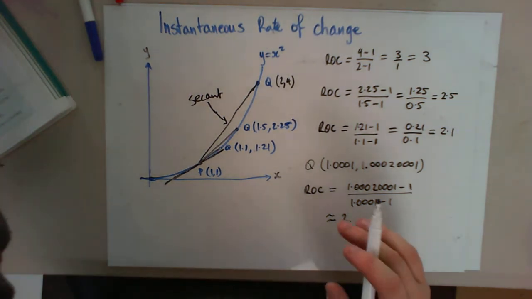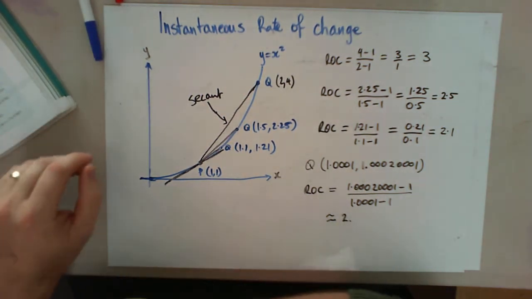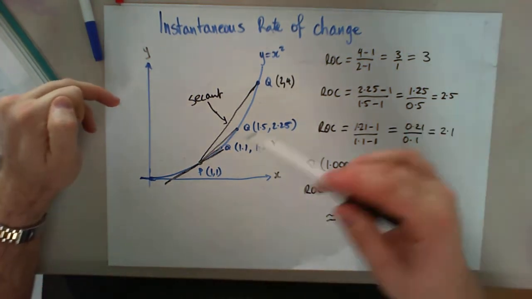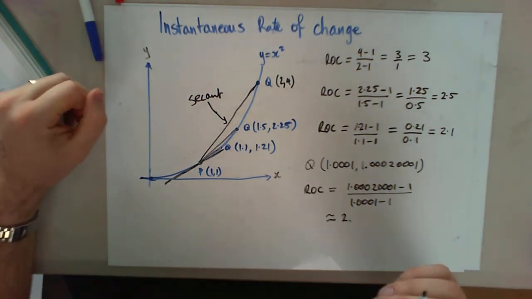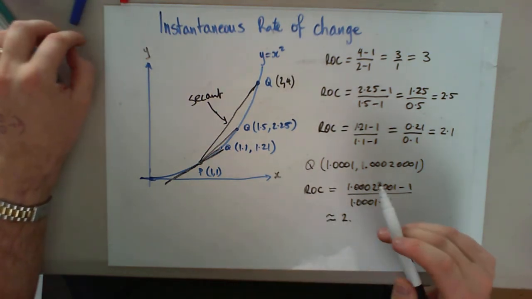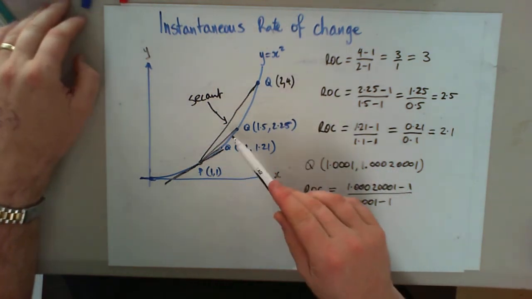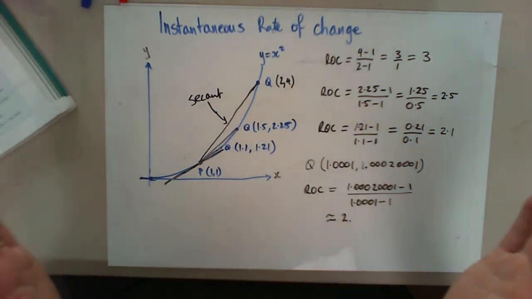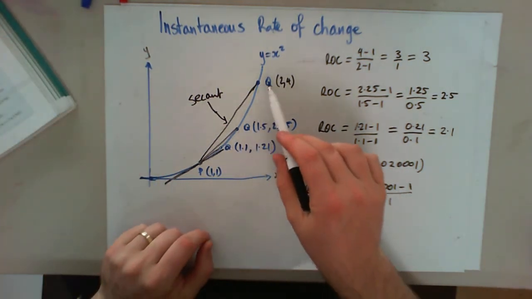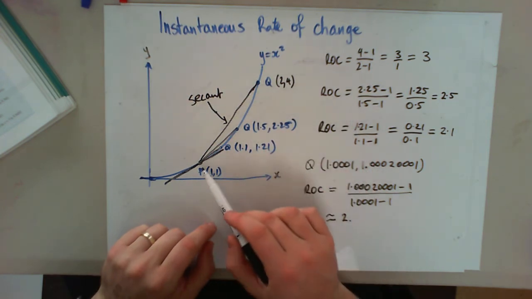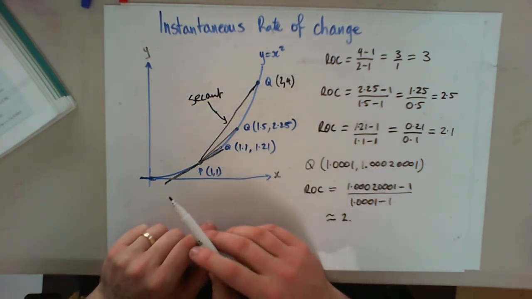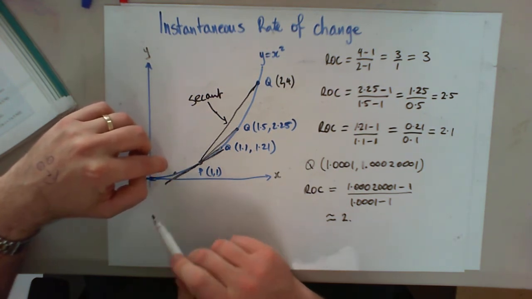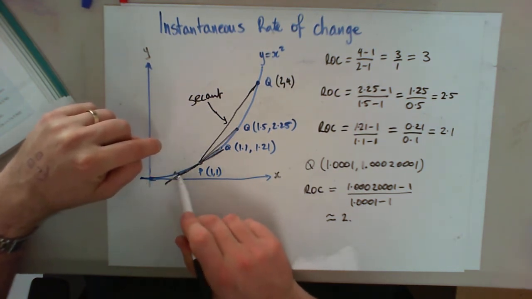I know that because we've got more sophisticated ways of working this out. The idea here is that our instantaneous rate of change can be approximated by continually finding the gradients of lines very close to it, by reducing the distance between the point we're looking for and some other reference point. Similarly, you could have had a Q value down here on the left-hand side of P. That would have been fine.